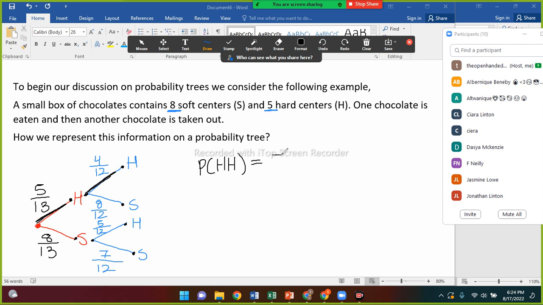So that's going to be 5 over 13 multiplied by 4 over 12.